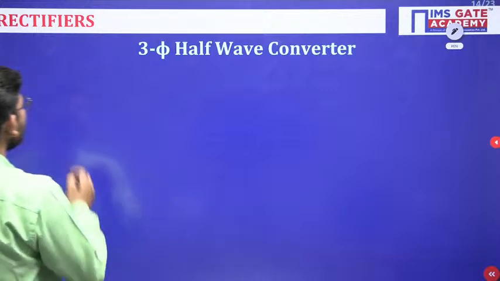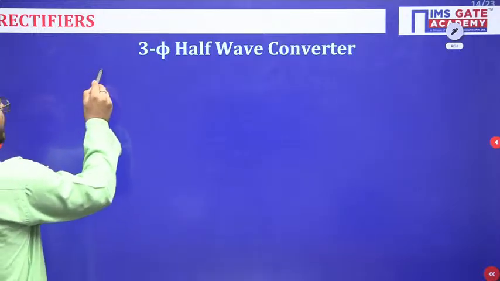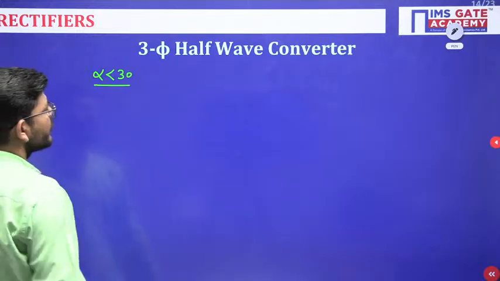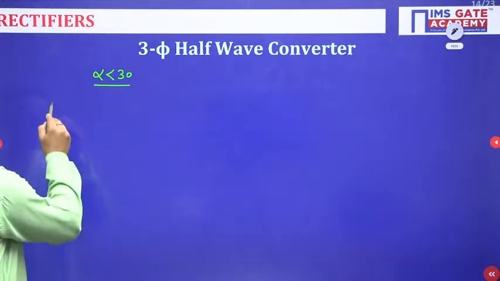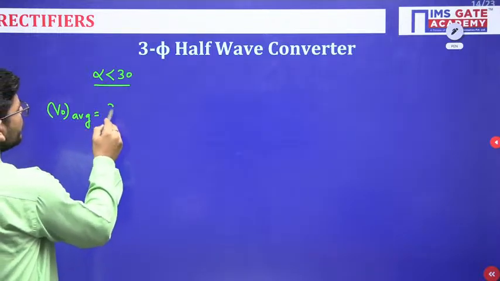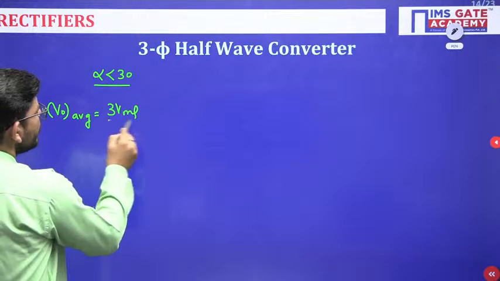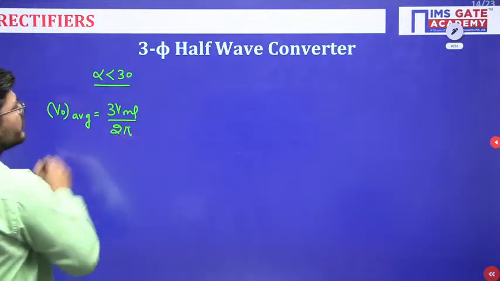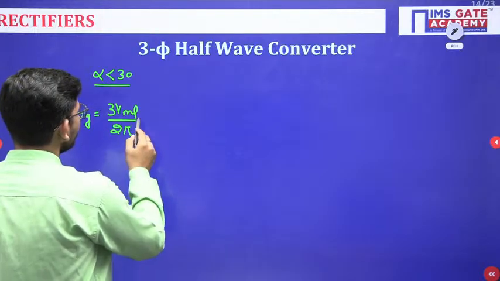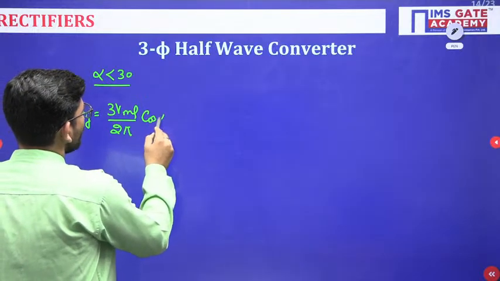Now, what are the important formulas? So here, when alpha is less than 30, the average output voltage formula will be 3 VML over 2 pi, or sometimes you will see 3 root 3 VMP also written. So 3 VML upon 2 pi cos alpha.